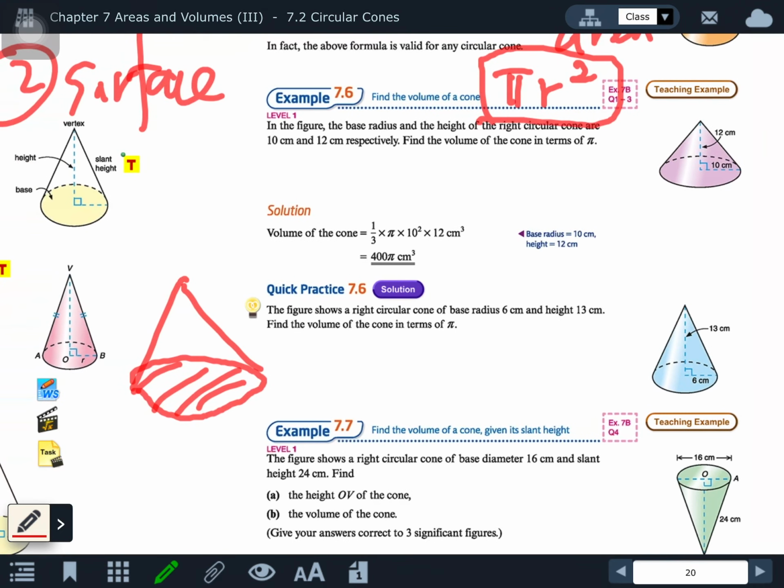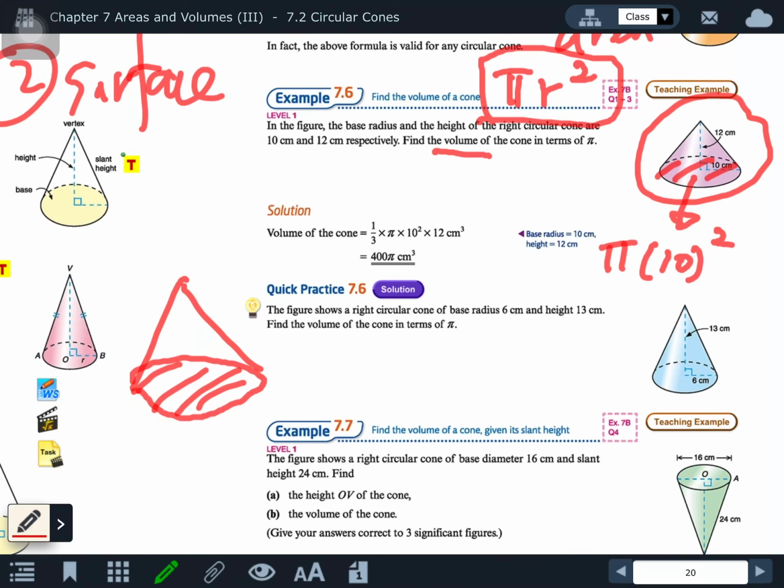For example 7.6, we are doing the same thing by calculating the volume of this cone. We first find the base area, pi r square. We know that r is 10, so r square is 10 square.